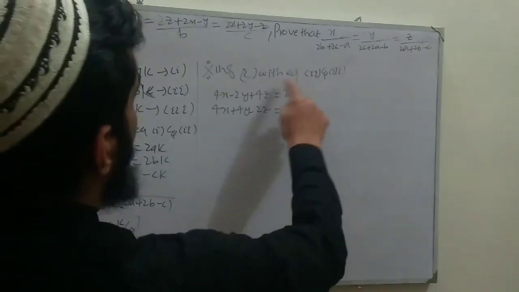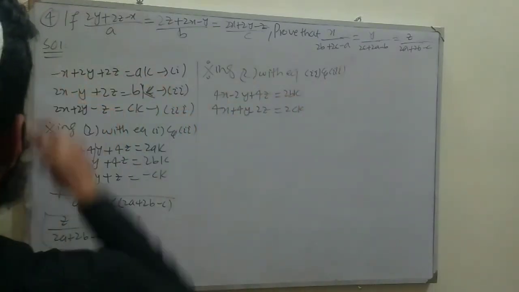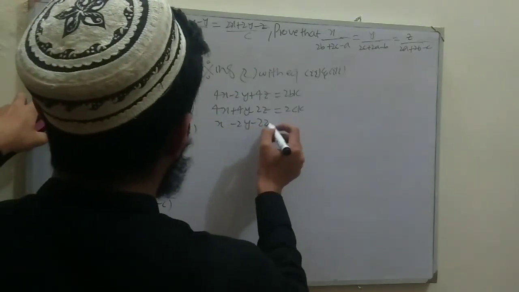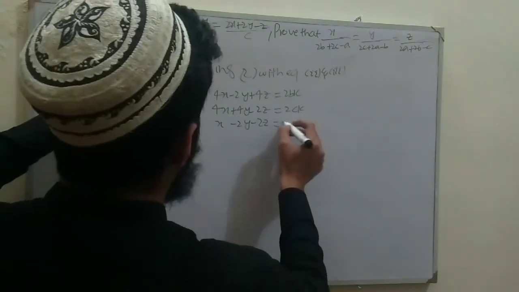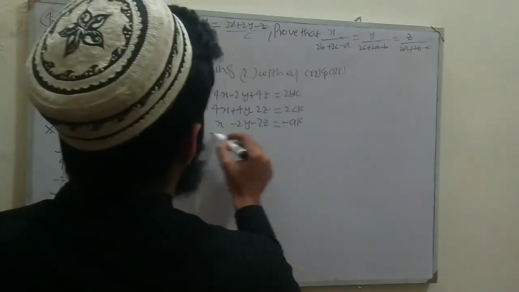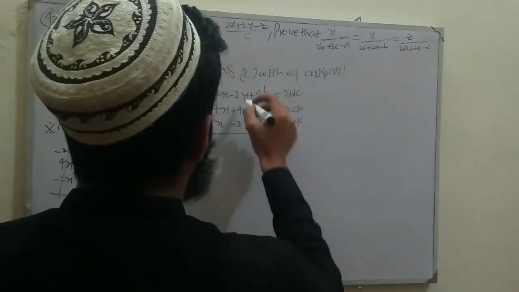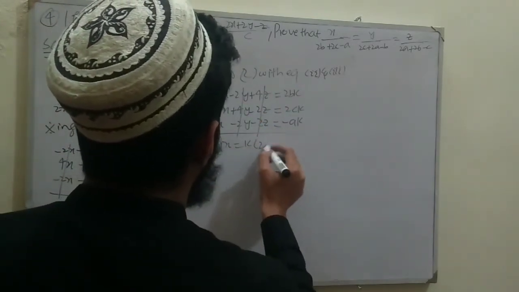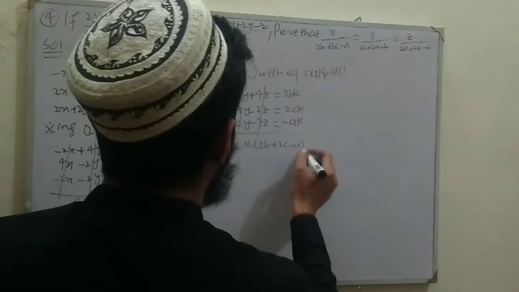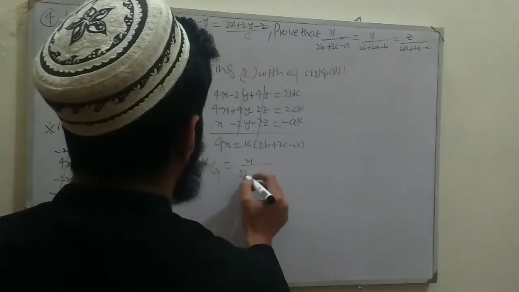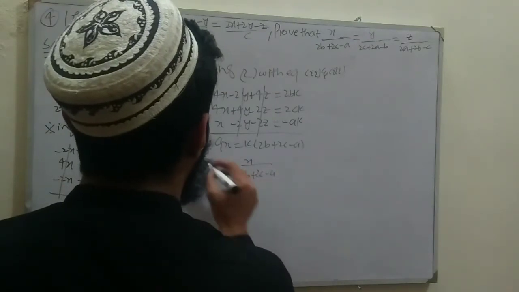Now equation number 1 is left here, so multiplying minus with this equation, it becomes x minus 2y minus 2z is equal to minus ak. Here add all these equations, so it will cancel out, it gives us 9x, and here take out k common, inside we are left with 2b plus 2c minus a. Rearranging this equation, it becomes k by 9 is equal to x divided by 2b plus 2c minus a.